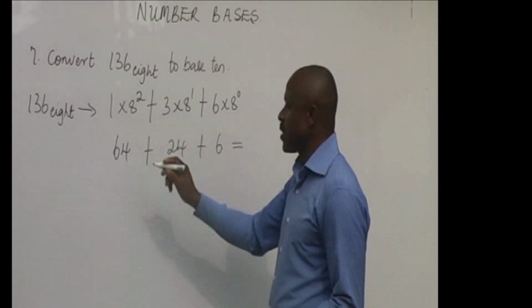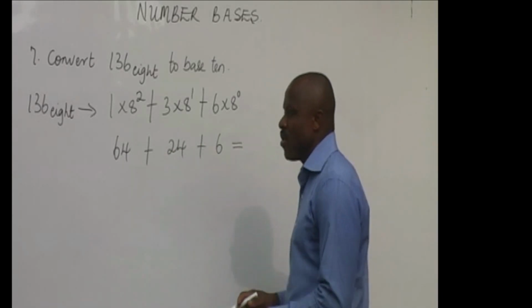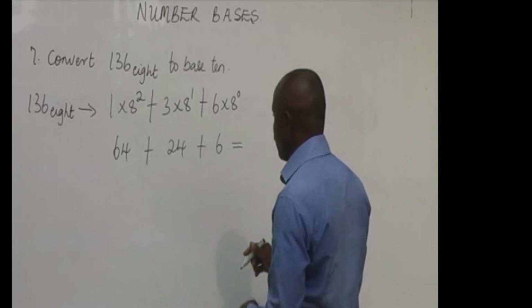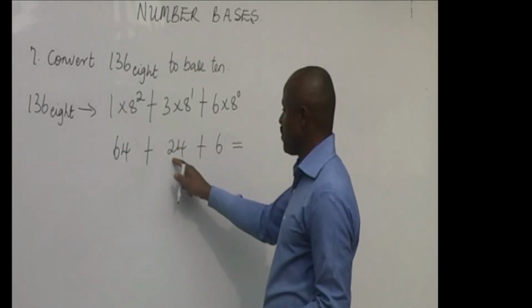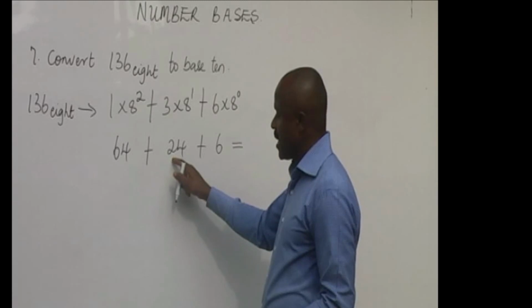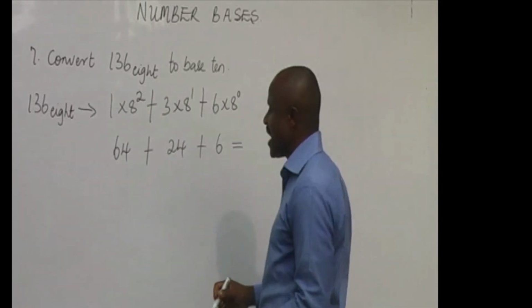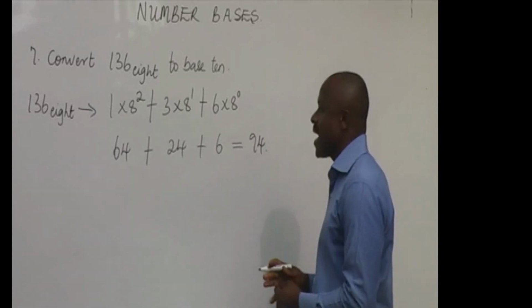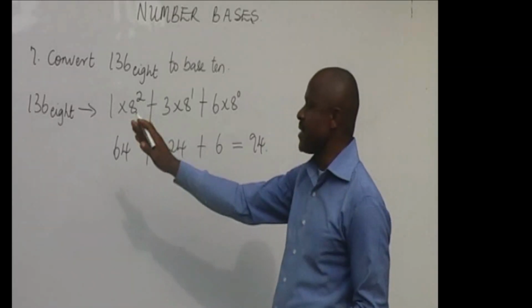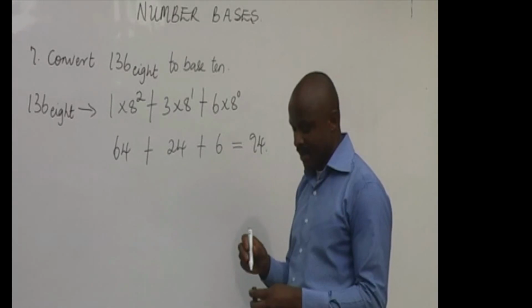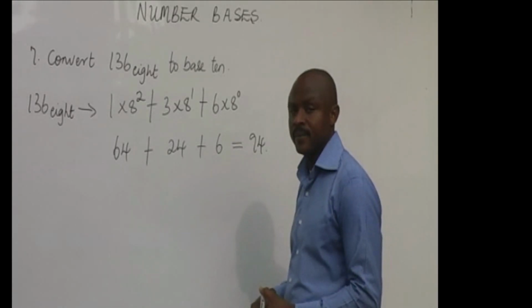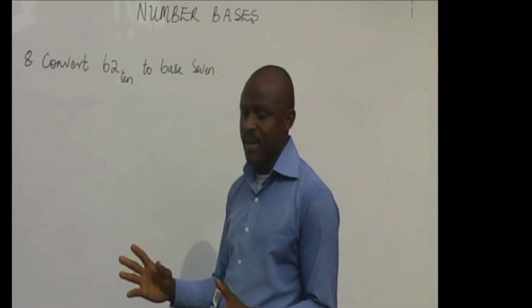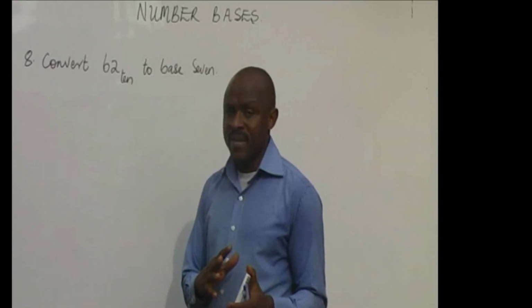If you add these values together, whatever it gives you is the value of 136 base 8 in base 10. 6 plus 24 will give you 30. 30 plus 64 will give you 94. So we have 94 base 10 to be the value of 136 base 8 in base 10. In all our past practices, we have been converting from other bases to base 10.